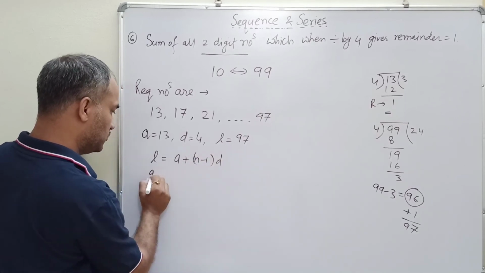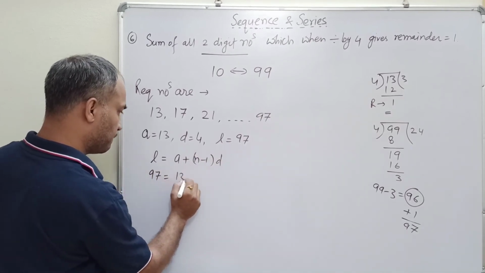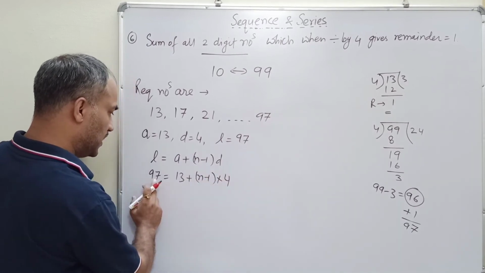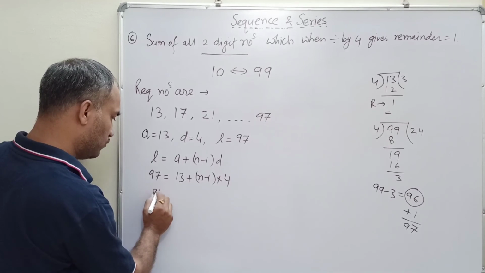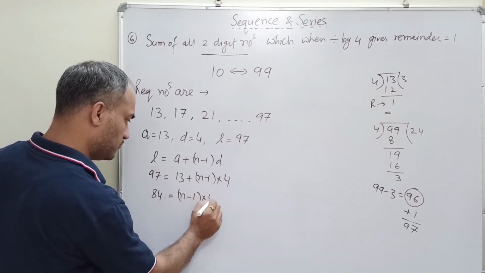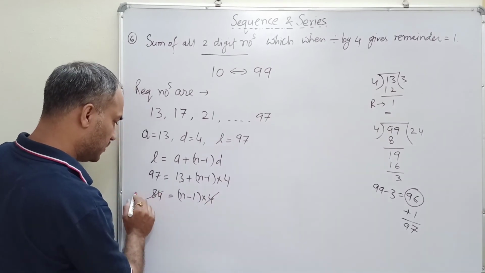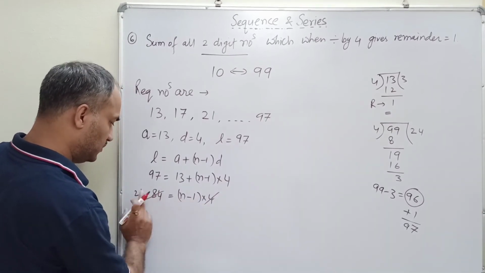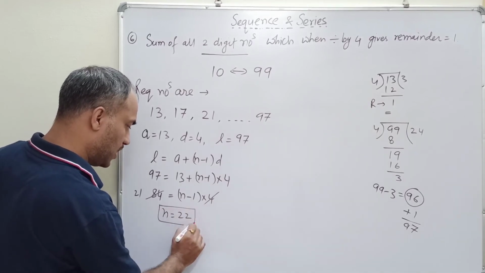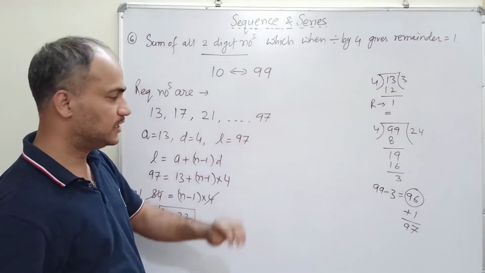So put the values. 97 minus 13 is 84. When we divide by 4, this becomes 21. 1 we shift here, so n is equal to 22. So there are 22 terms in this series.